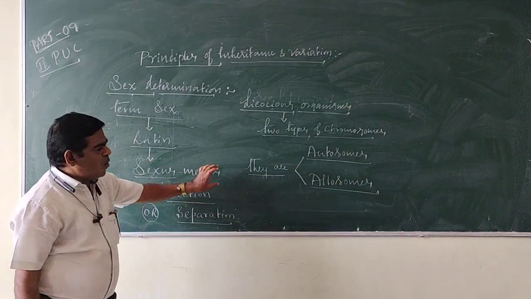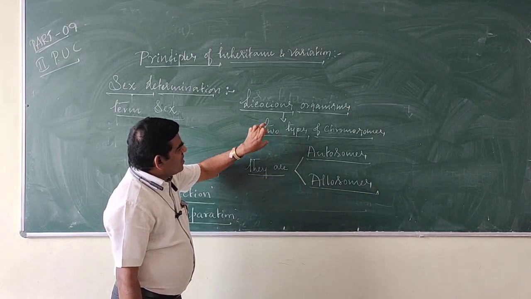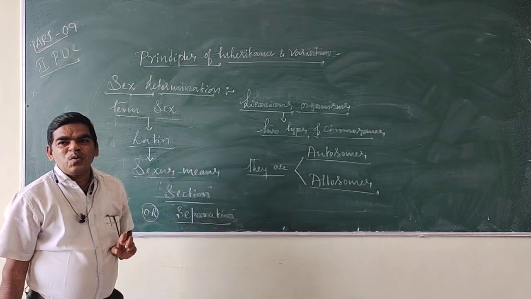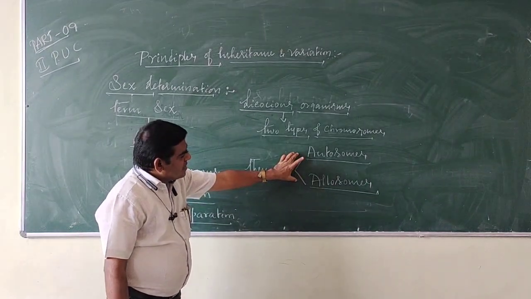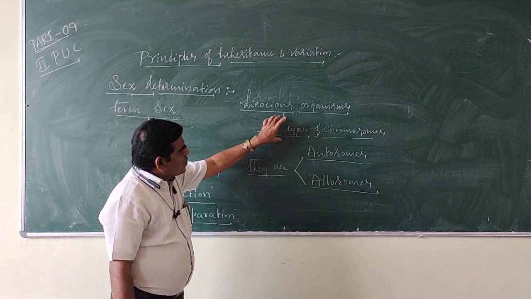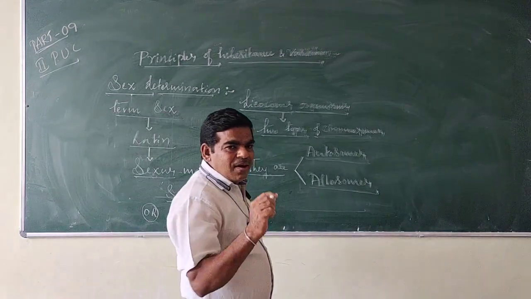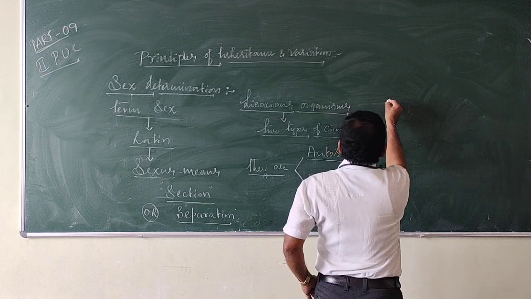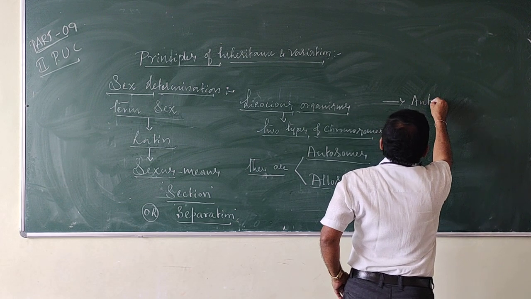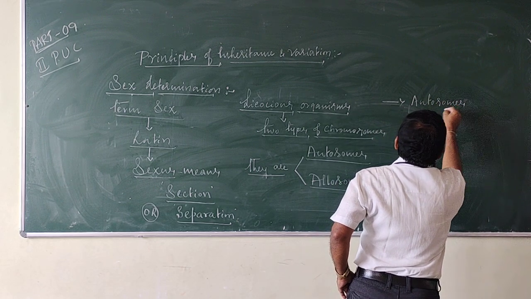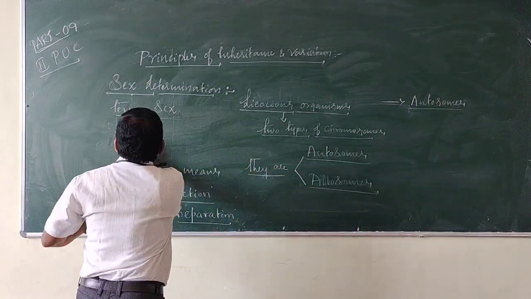These are the two types of chromosomes present in the dioecious organisms. Clear? I will discuss one by one.